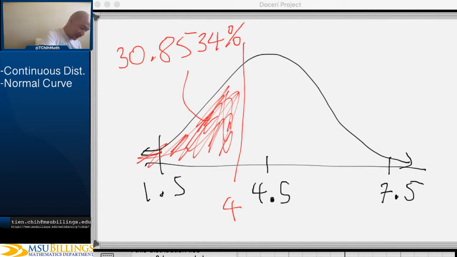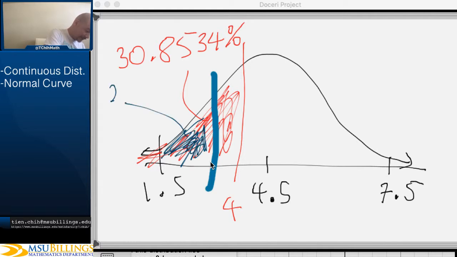So over here somewhere, this is 30%, this is the top 30.8534%, in fact. And we're looking for the top 20%. I want to know what that value is, right?